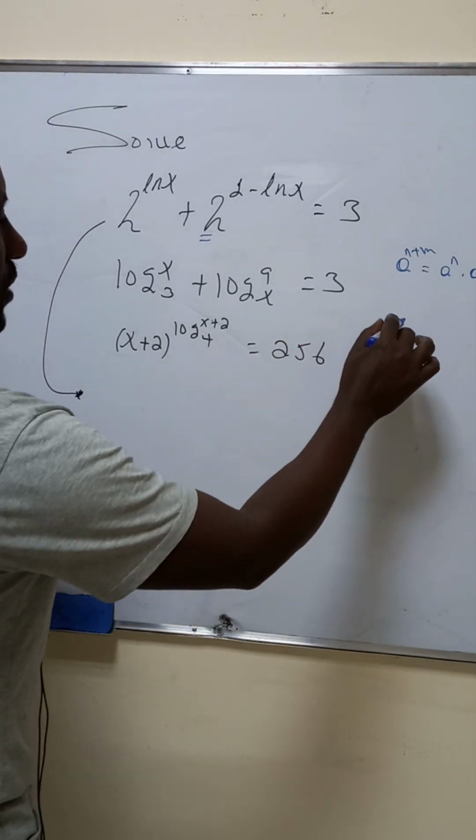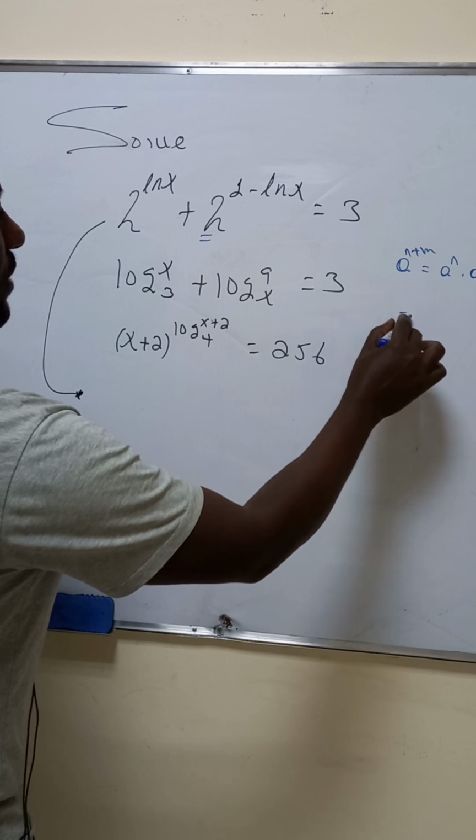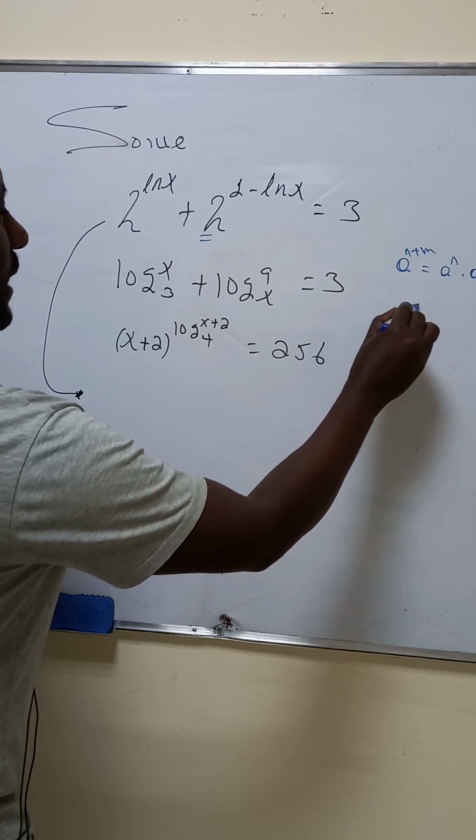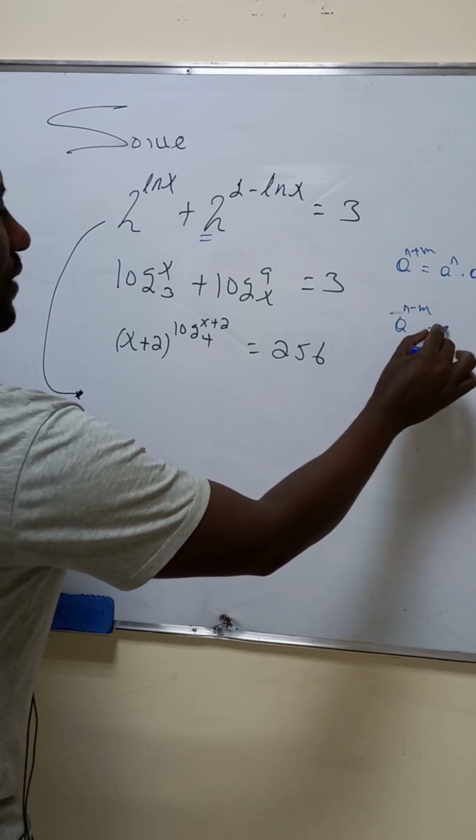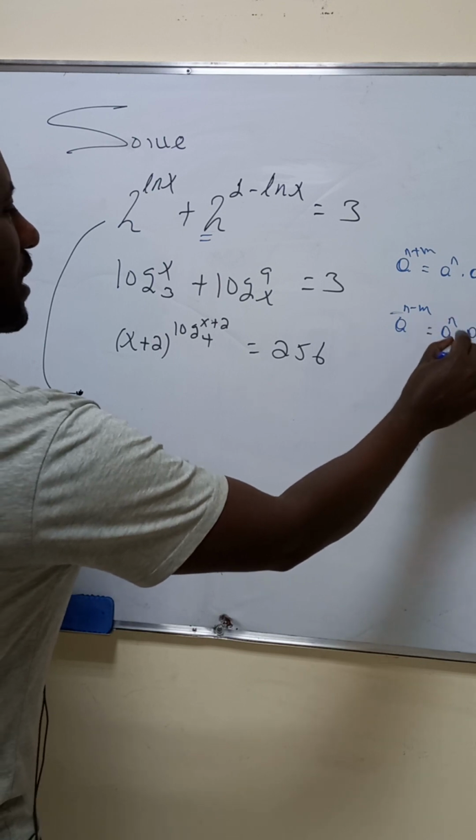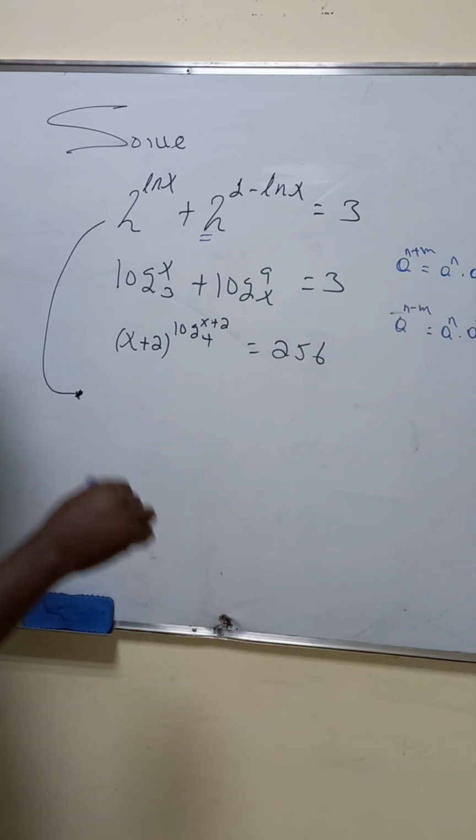The other very important point is a raised n minus m, which is written as a raised n times a raised minus m.